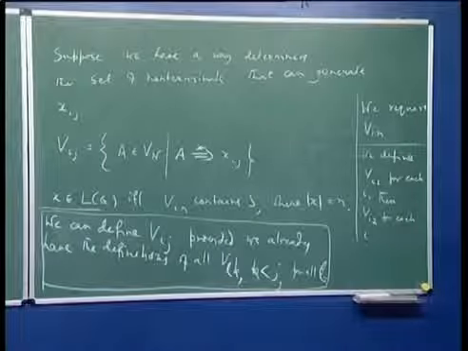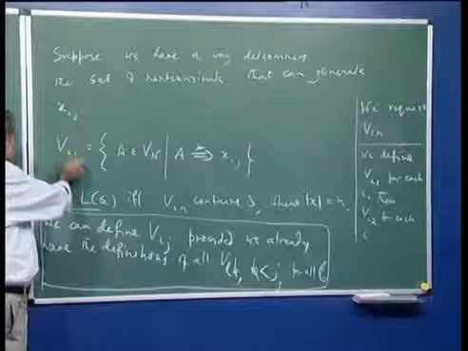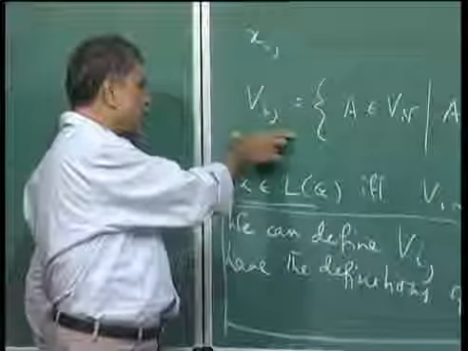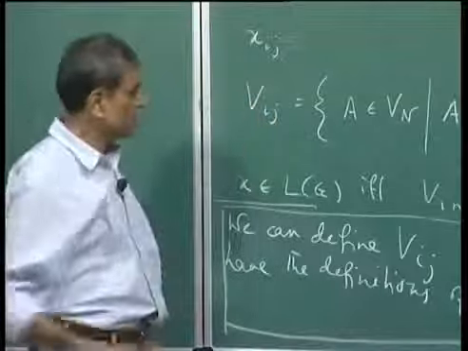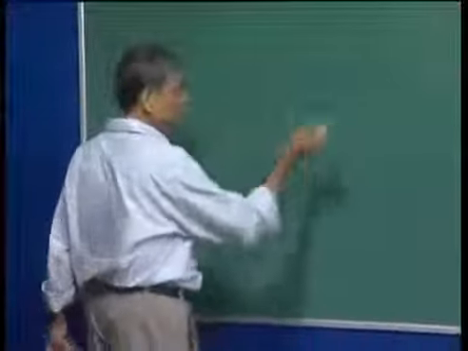In other words, if you can define this set for a higher range, you can define it provided you know the definitions for lower ranges. So that's the basic idea, and let us see why it is doable.